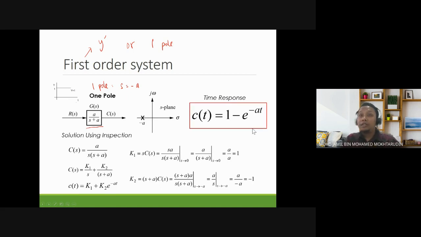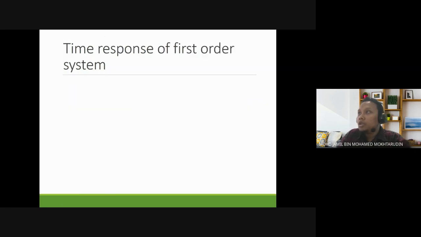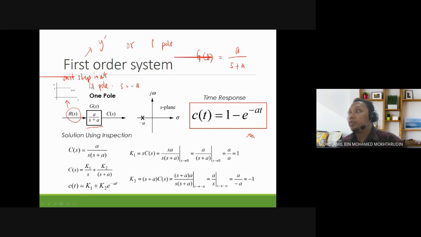So this is the first formula in this lecture. For a first order system, if you have G(s) equals a divided by (s+a), the time response is 1 minus e^(-at), and R(s) must be a unit step input. So when R(s) is a unit step input and G(s) is first order a divided by (s+a), the time response is c(t) equals 1 minus e to the power of negative at.